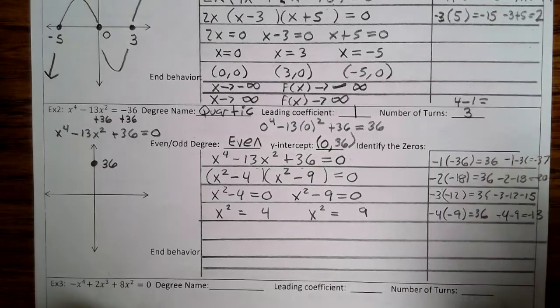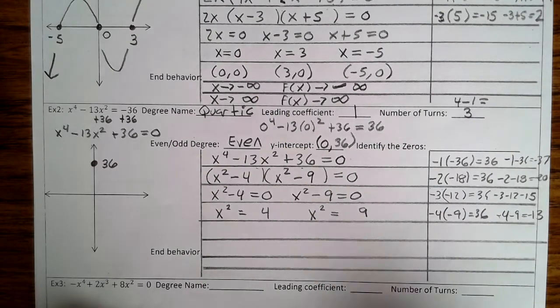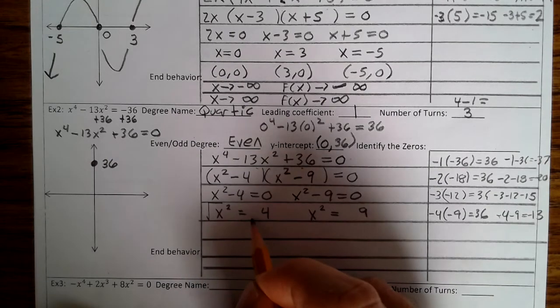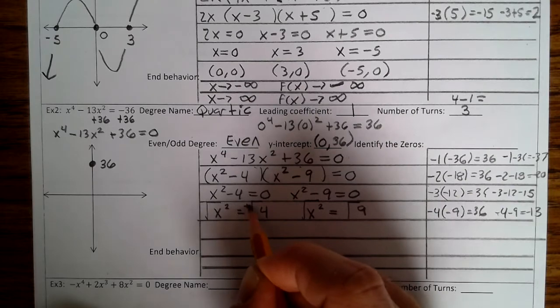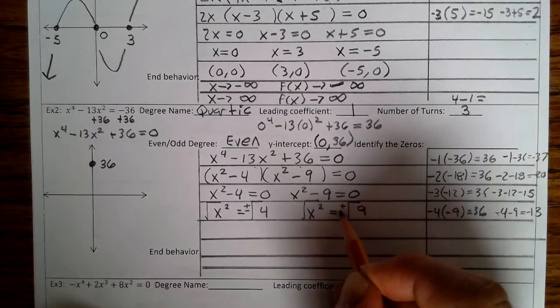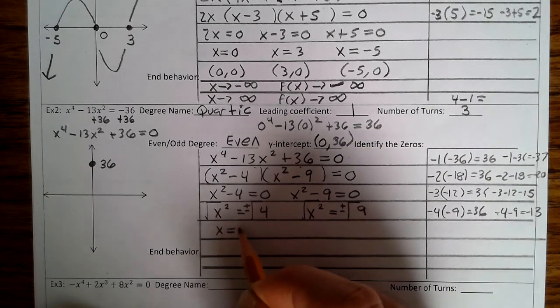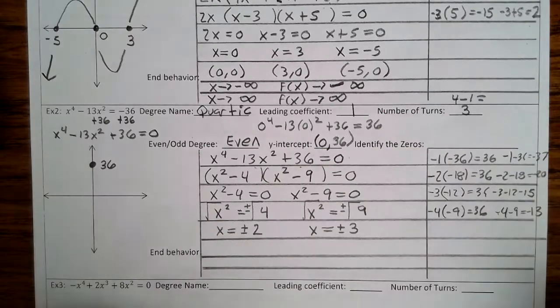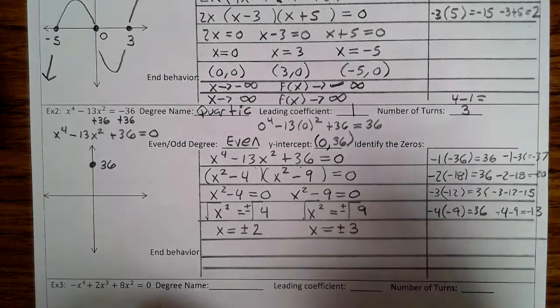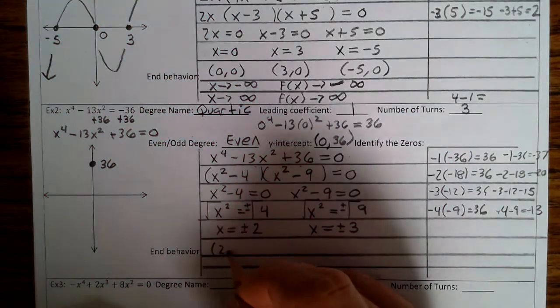Now remember, square root is plus or minus. So x equals plus or minus 2, and x equals plus or minus 3. So our zeros are 2 comma 0, negative 2 comma 0, 3 comma 0, and negative 3 comma 0.